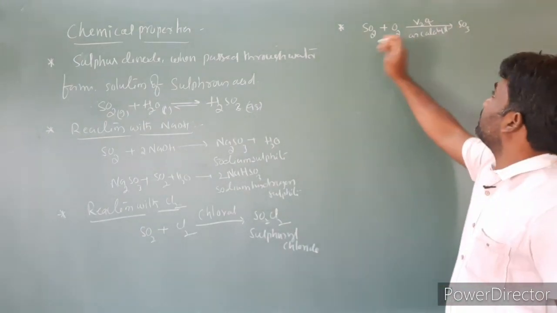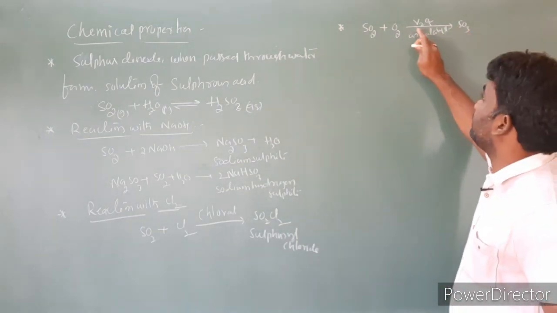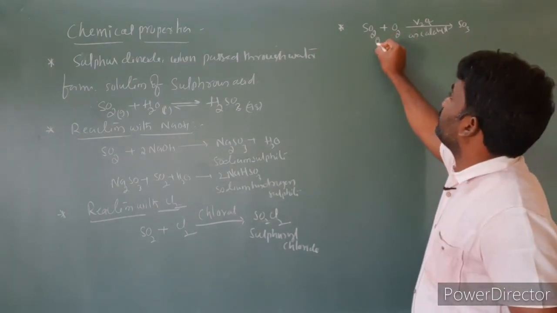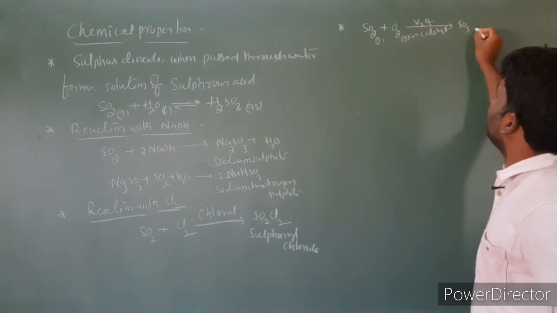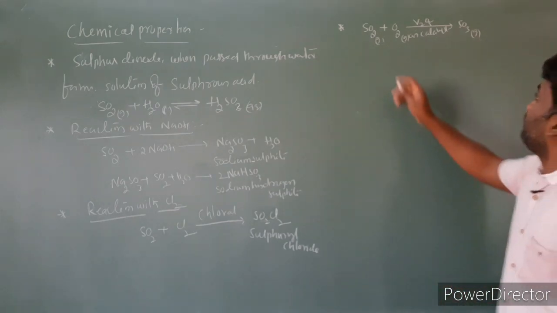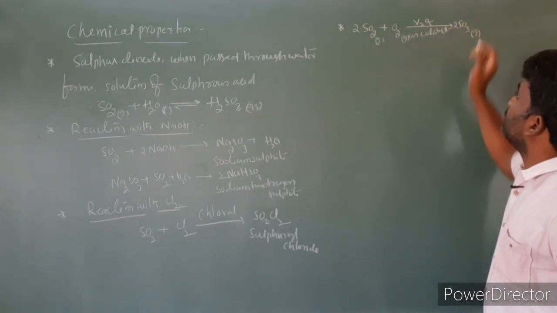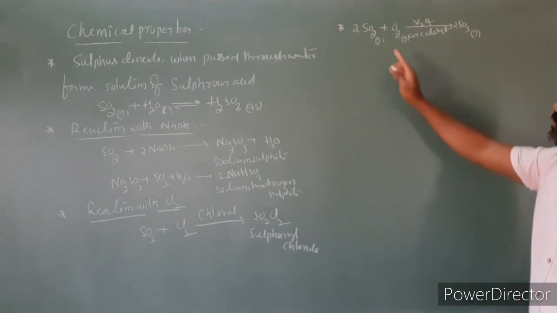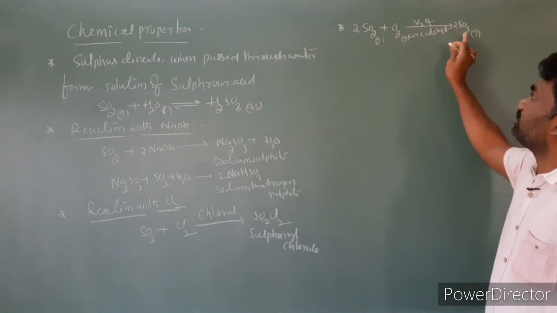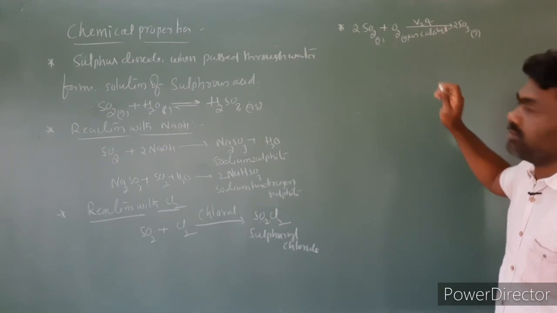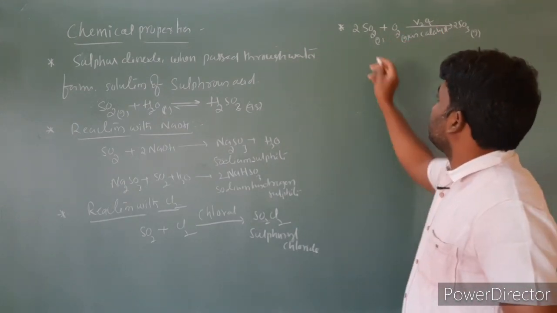Here SO2 is a gas, O2 is a gas, and SO3 is also a gas. So we have to balance it: 2SO2 and 2SO3. So SO2 is oxidized to SO3 in presence of V2O5 with oxygen.